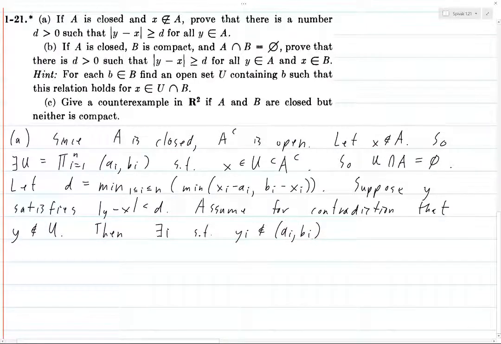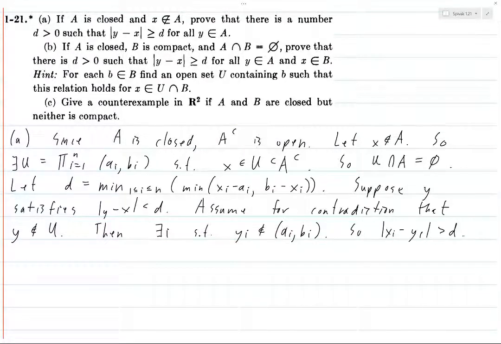Because if no such i existed, then each yi would be in the interval from ai to bi, which would mean that y would be in U. So this tells us that the distance between xi and yi is greater than d, because yi is not in ai to bi.